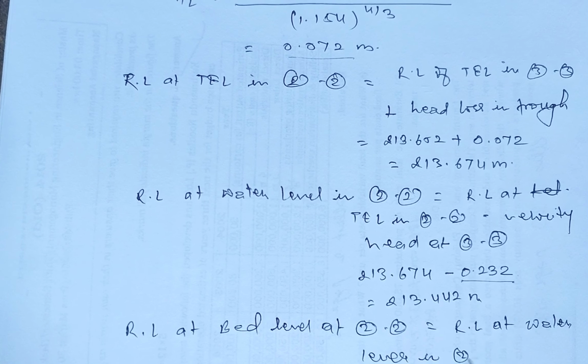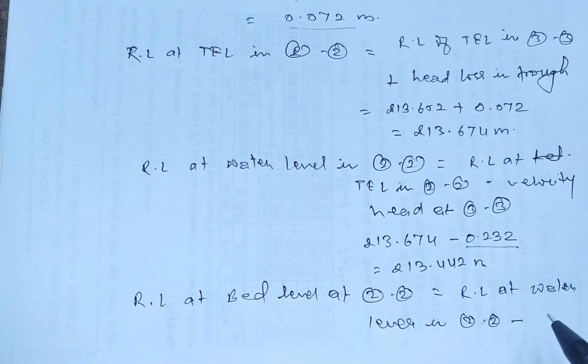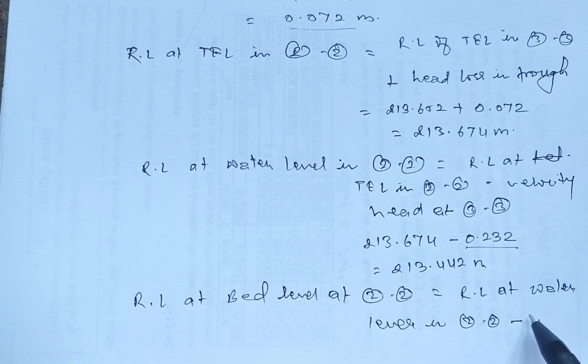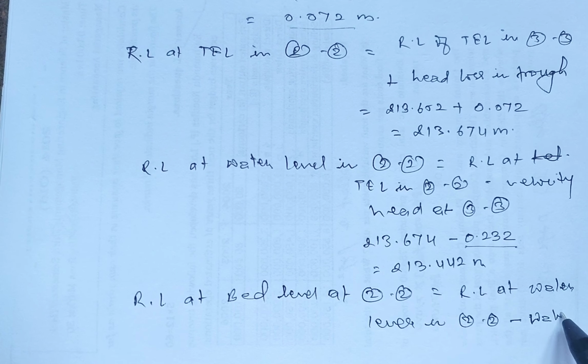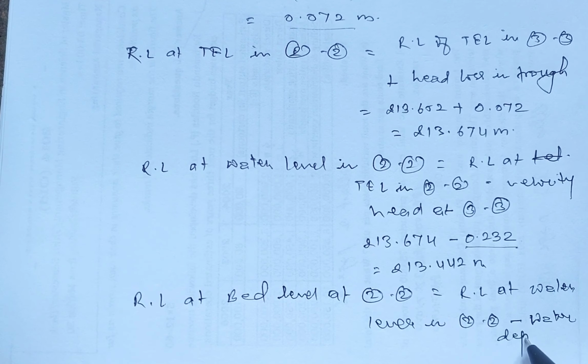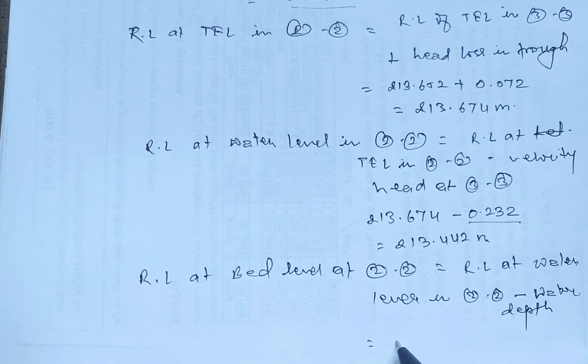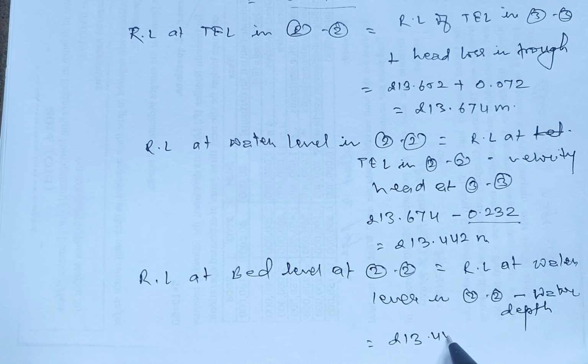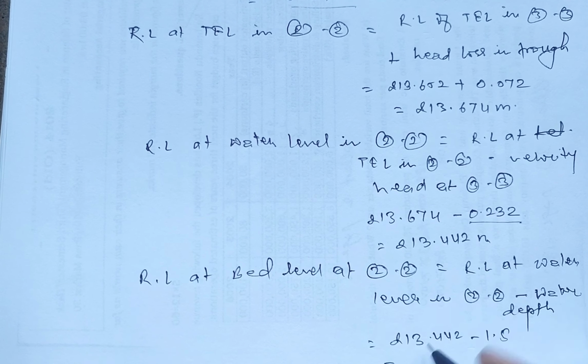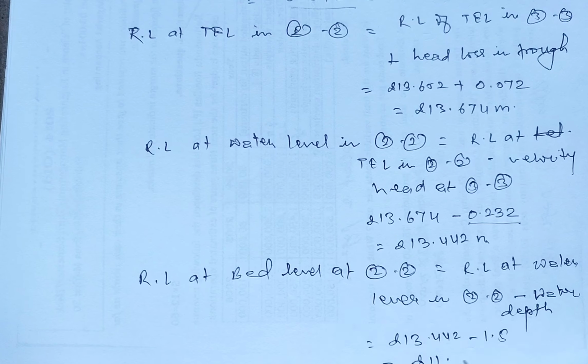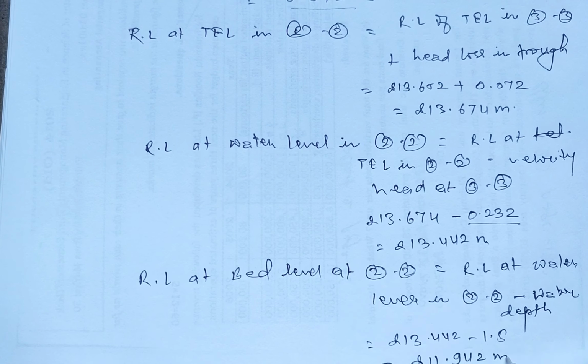in 2.2 subtracted with the depth of water, equals 213.442 minus 1.5, the water depth, equals 211.942 meter.